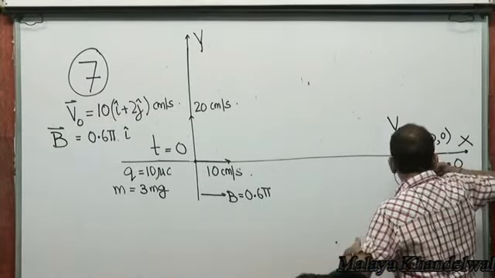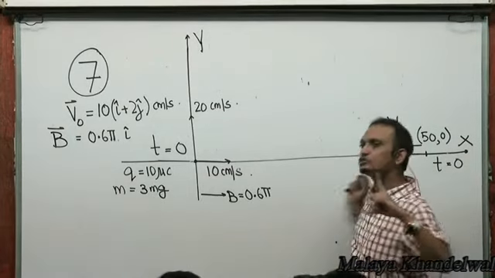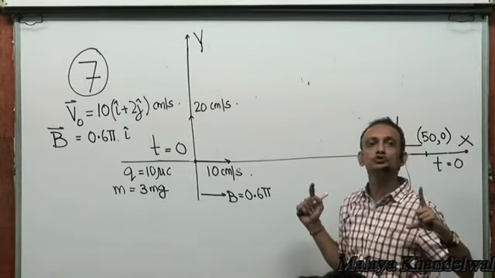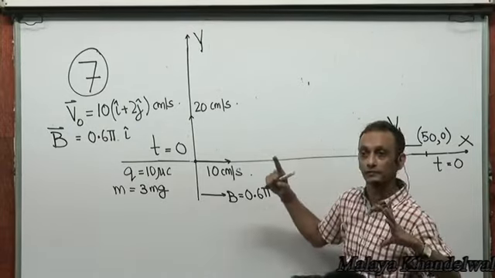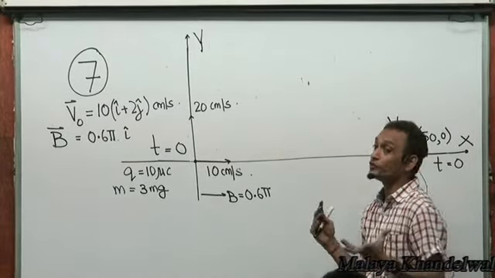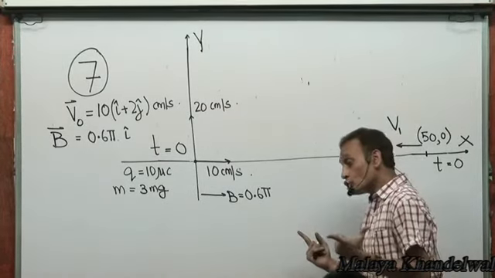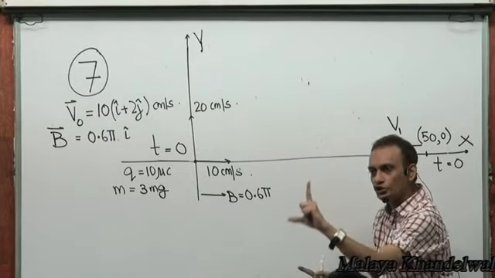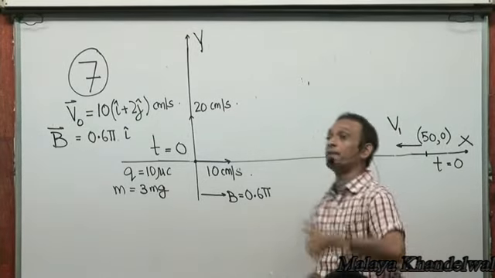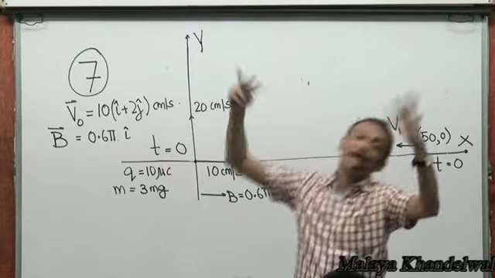This particle, however, will continue to move unabated along the x-axis at least till such time that it does not collide with the other particle. Now, if a collision has to occur, the only site for collision can be the x-axis. That means there are only discrete instants when the collision could take place. Collision could take place at t equal to capital T, 2T, or 3T, and so on and so forth.